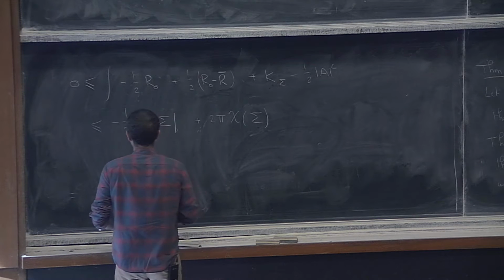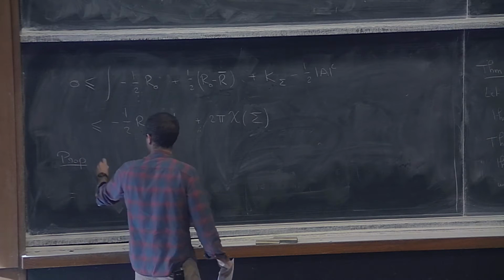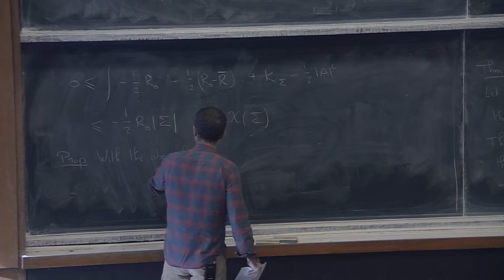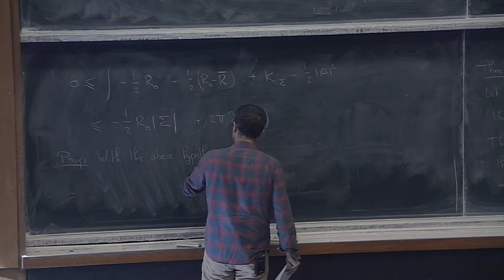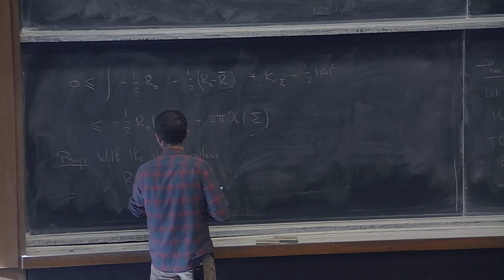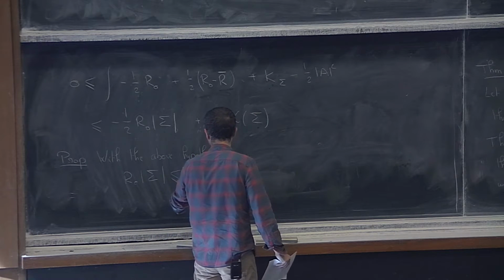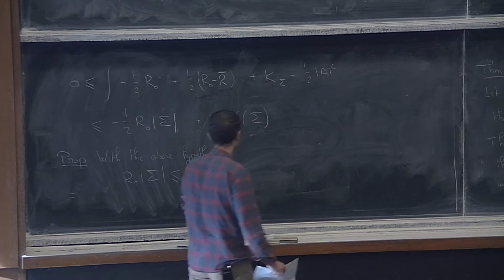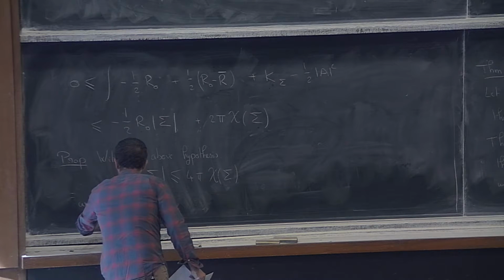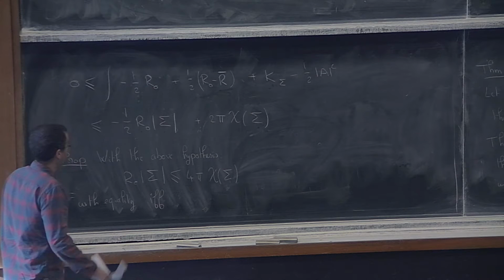Okay, so what I have proved is the following. So it's the proposition. With the above hypothesis, I get R naught times the area of sigma is less than 4 pi times the Euler characteristic of sigma, with equality if and only if, what?